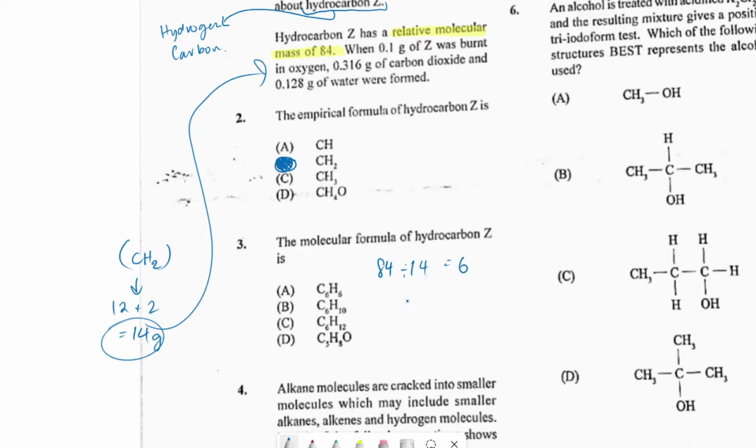So that would mean that for the CH2, that's the empirical formula, you need to multiply everything by 6. So you need 6 times 1 carbon is 6 carbons, and 6 times 2 hydrogens, 6 2s 12, H12. So the molecular formula would therefore be C6H12.